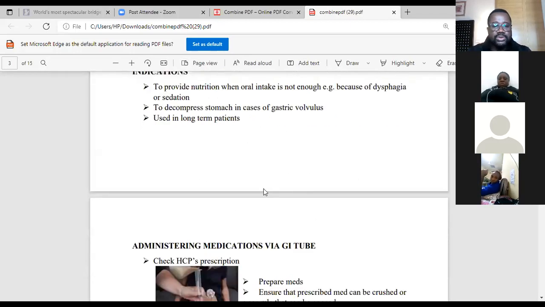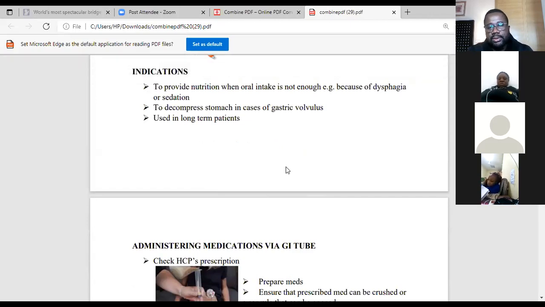Yes, most of the patients who are in long-term care use PEG tube, patients who have swallowing issues and cannot go by oral intake, they are bedridden, they are feeding through a PEG tube.